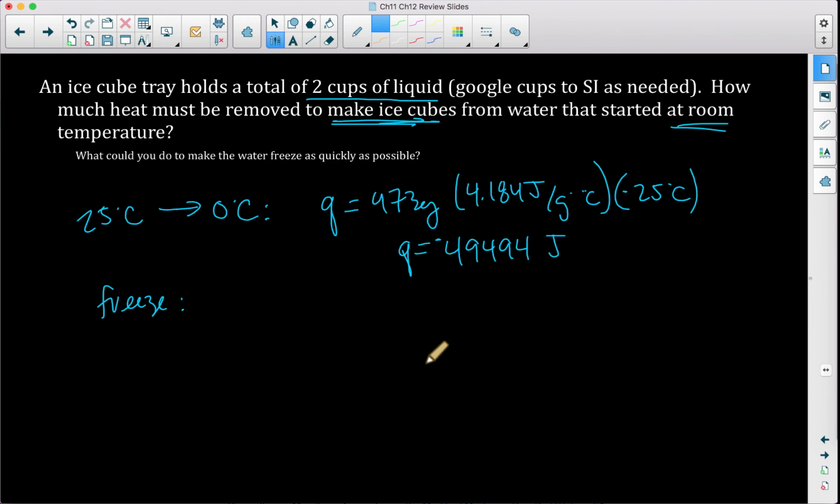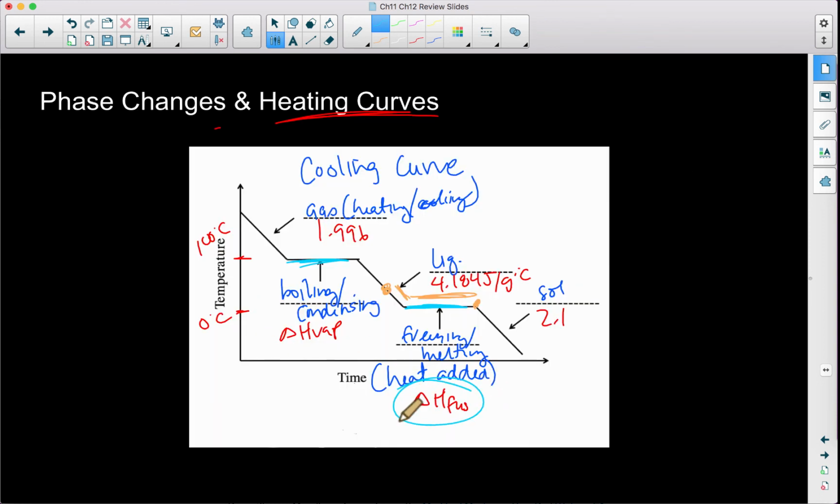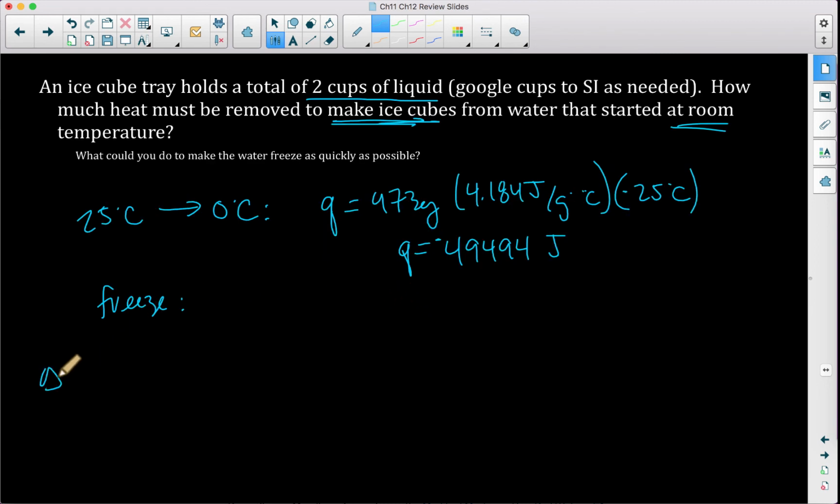Okay, so going back to our freezing, like it says here, we're going to use our heat of fusion, which for water happens to be 6 kilojoules per mole. So we're going to start with our 2 cups of liquid, which is 473 grams-ish of water.